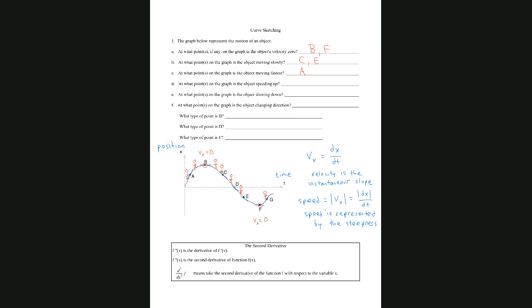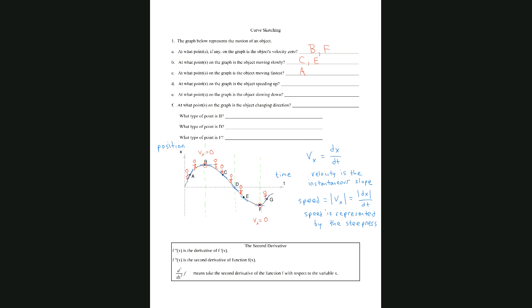At what points is our object speeding up? So for that, we're going to want to divide our interval into several sections. And there's certain points where I want to make these subdivisions, and I'll explain later why I made them where I did.